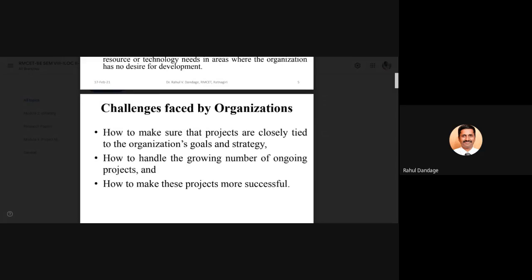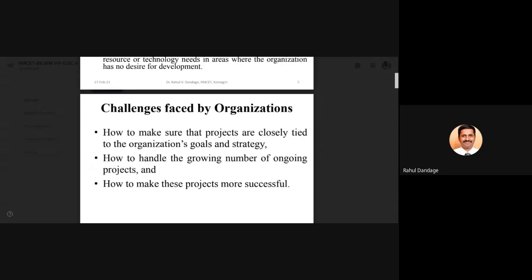And the third challenge is how to make these projects more successful. So if the projects are closely tied with organizational goals and strategies, and you have done maximum groundwork to handle the multiple projects simultaneously, still there is a question.